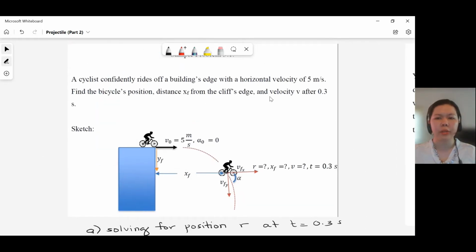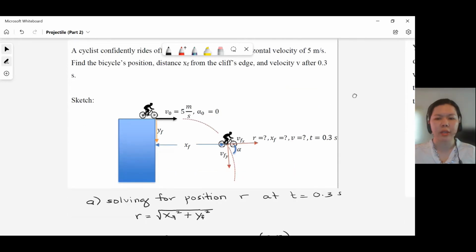Last, we now solve for velocity v after 0.3 second.